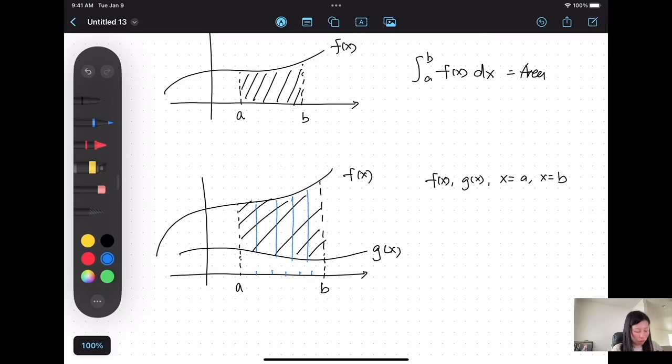Maybe this one: 1, 2, 3, 4, 5. So this is 5 blocks. You can do as many as you want. And then the area should be the sum of these rectangles' areas.